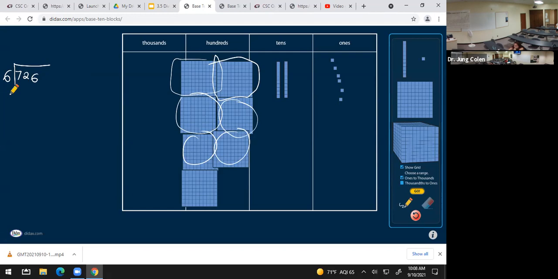All of these 6 flats are used. In each group, how many flats do I have? 1. So I have 1 in each of the 6 groups, right? So all of these are used. How many did I use? I used 600.